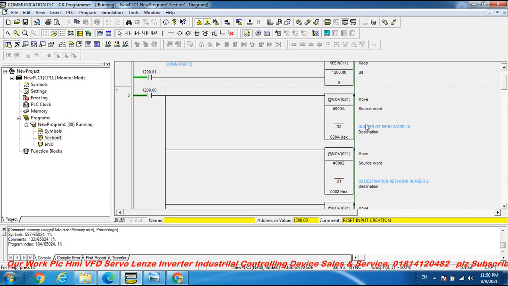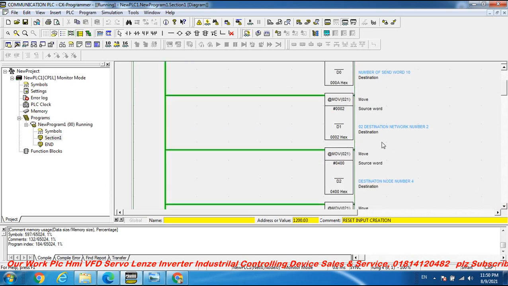Transmit, and second, the move function #0002, the destination network number 2.